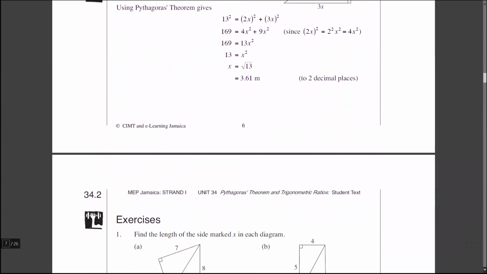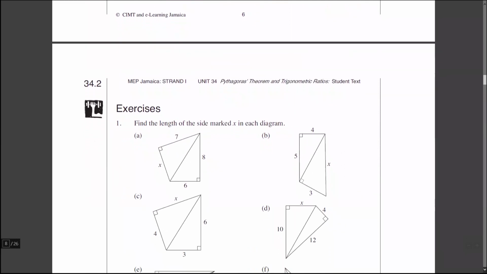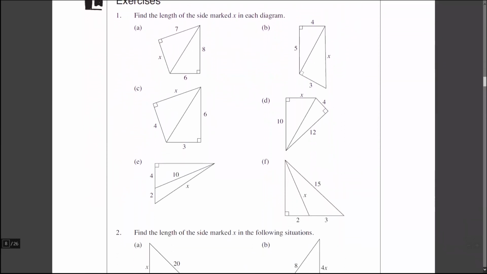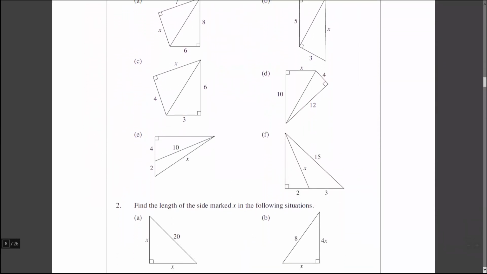So there could be something different in the question where you have not just x by itself, and they say, okay, find the length of the side x, but they may have a situation where they say, okay, find the length of the side 4x and 3x, whatever you want to do. So even check this out. This is a very interesting question.